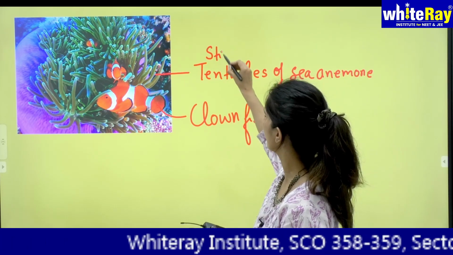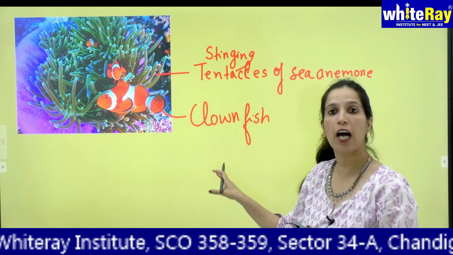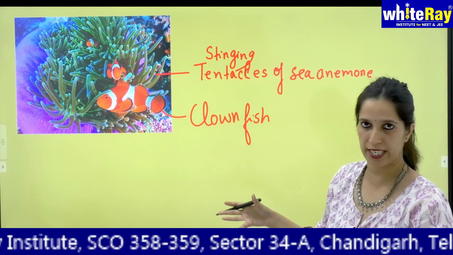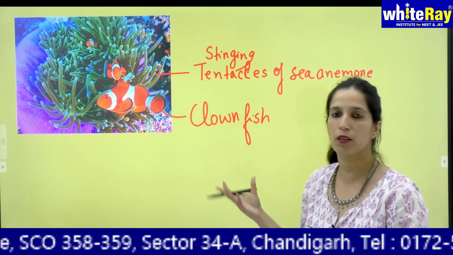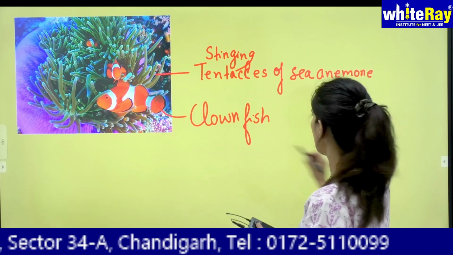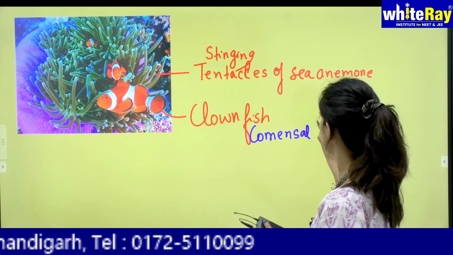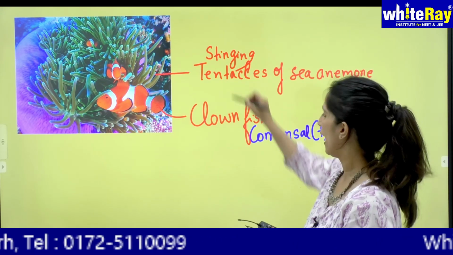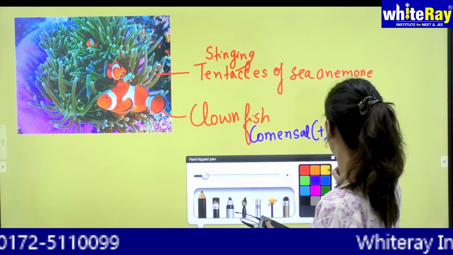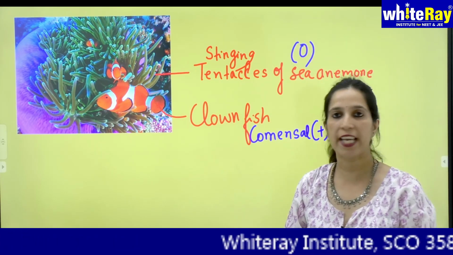They are stinging. So what happens is, this clownfish, it gets protected from its predator. Sea anemone has no apparent benefit from the clownfish. So the clownfish here becomes the commensal, which is positively benefited, and the tentacles here have no apparent benefit. It is 0. So it's again commensalism.